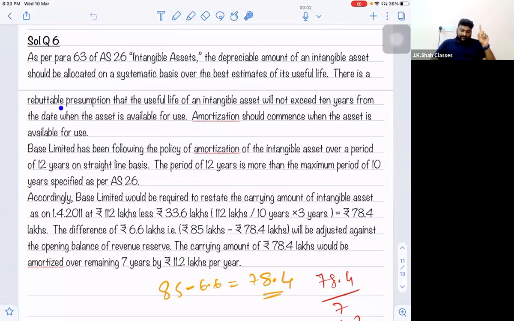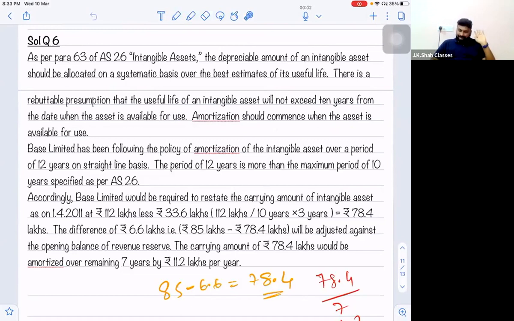There is a rebuttable presumption that the useful life of an intangible asset will not exceed 10 years from the date when the asset is available for use. We are talking about the time period. And amortization should commence when the asset is available for use. So these 3 points are written in the provision.